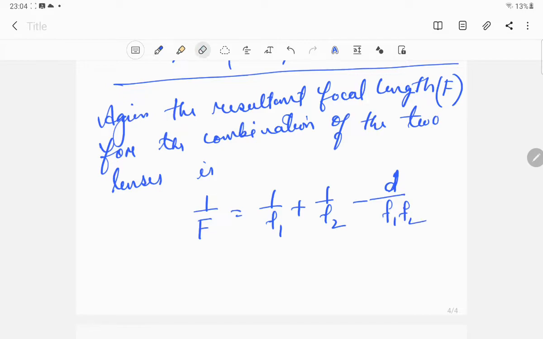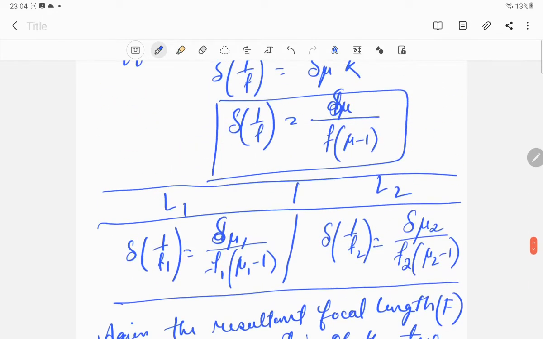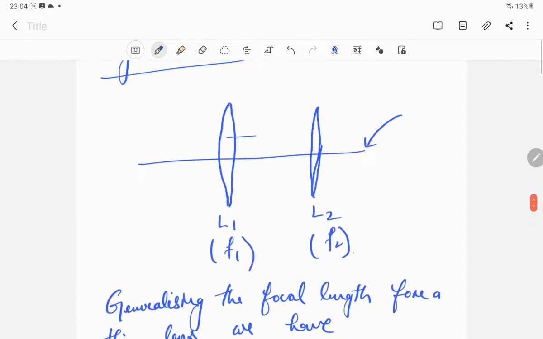Let me name the separation t. So here the two lenses are separated by a distance t.